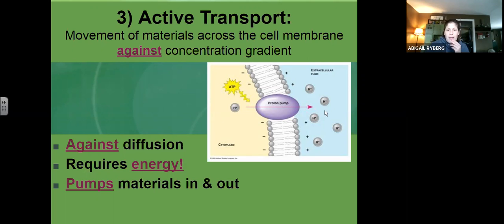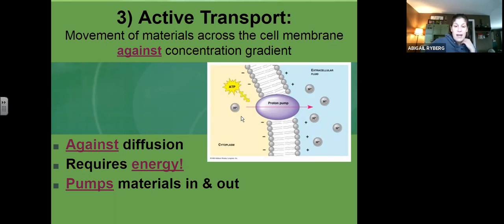In the diagram here, you can see the lipid bilayer, and plopped here is a purple protein. We call this specific type of protein a proton pump. Hydrogen protons are going to be moved from one side of the cell to the other. In this instance, notice it's going against the gradient.